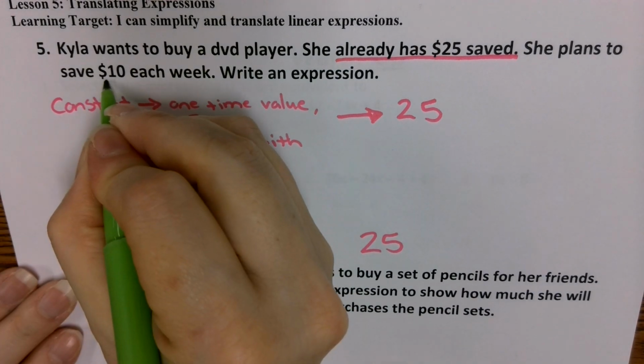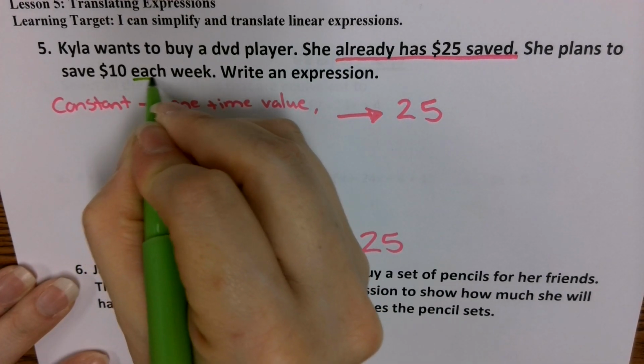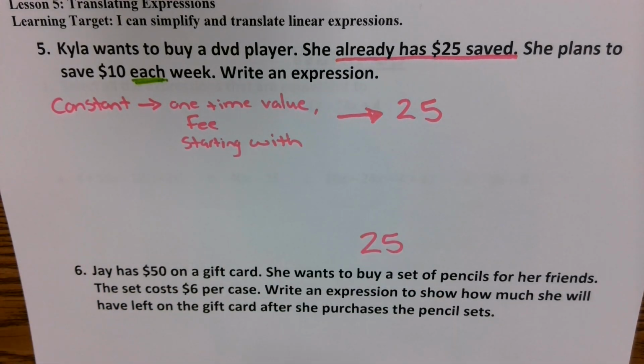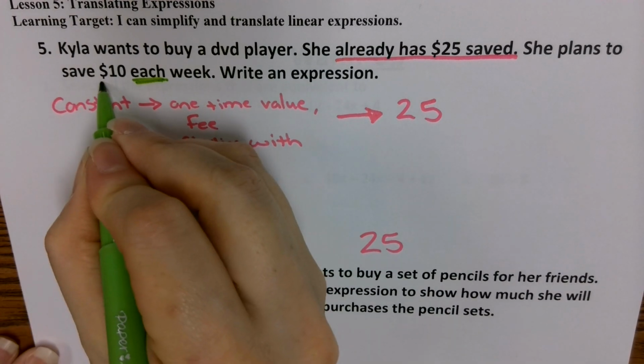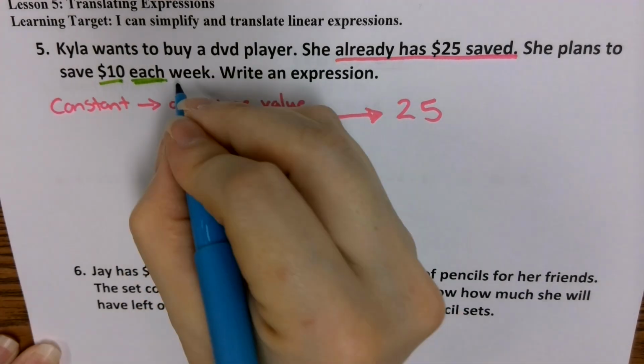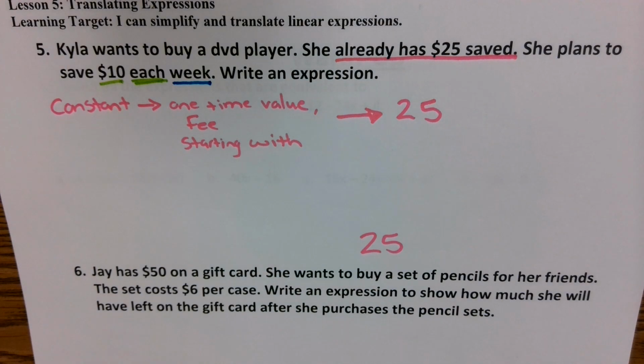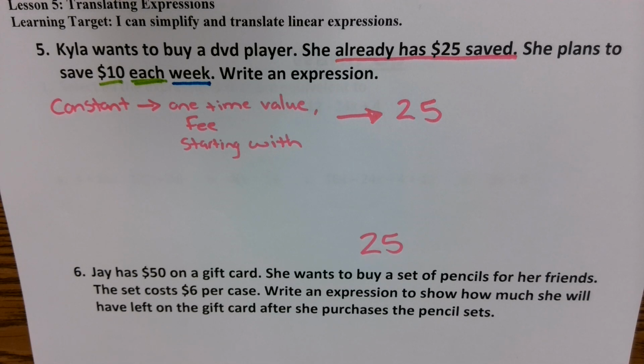So this 10, the fact that I see this word each, the word each indicates that I'm dealing with a coefficient, which is my 10, and a variable, which is the weeks. So you have a number per, or a number each, or a number every something. Then that number is your coefficient.